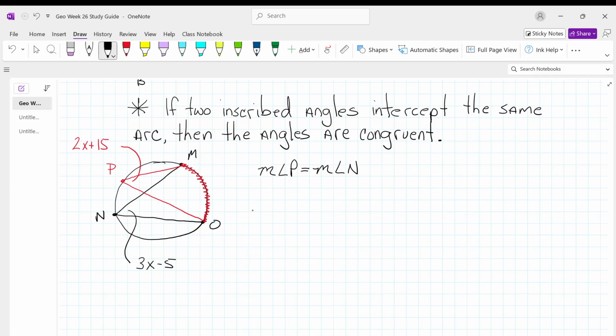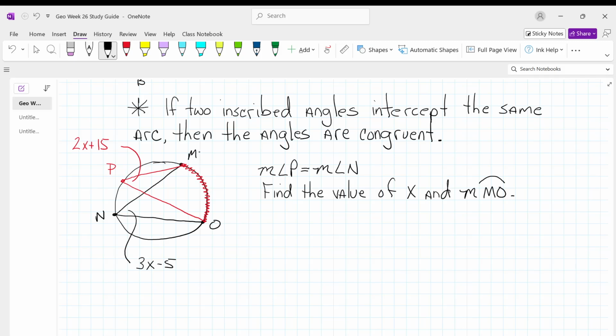And you could be asked to find the value of x and the measure of arc MO. Find the value of x and the measure of arc MO.